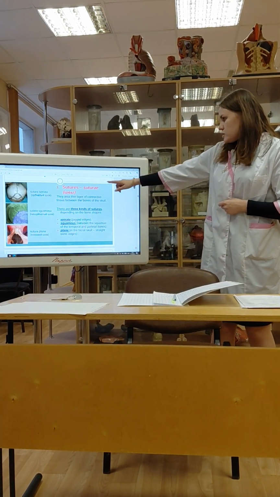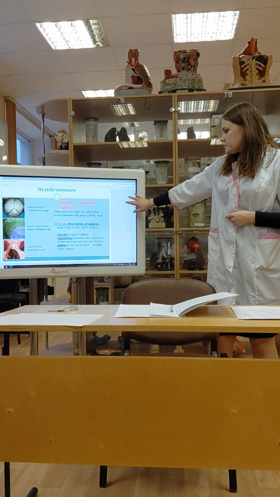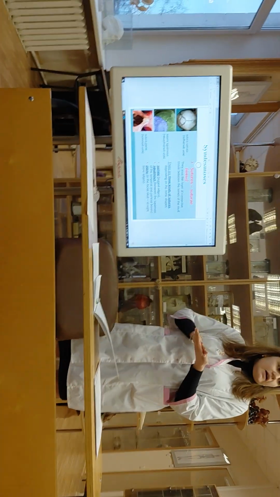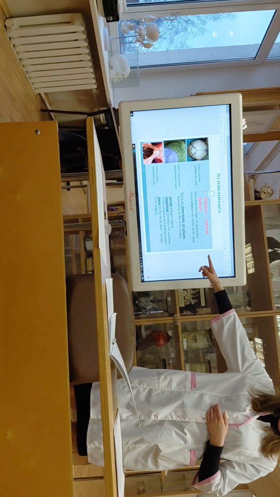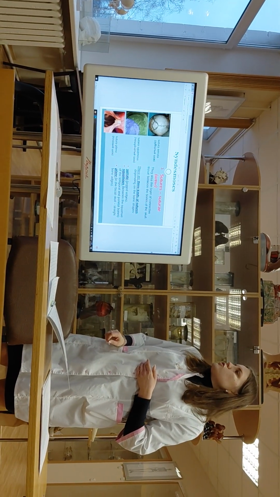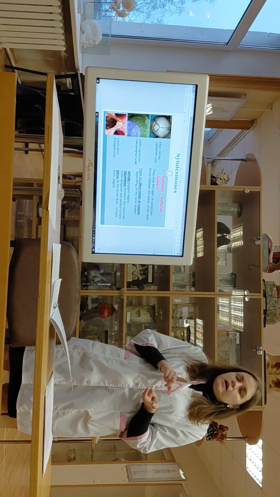Then sutures, three types. In Latin we have sutura serrata, squamosa, and plana. The plane suture is flat, between the facial bones. Then serrate, this is between a lot of bones of the skull, for example between the parietal and occipital, parietal and frontal.